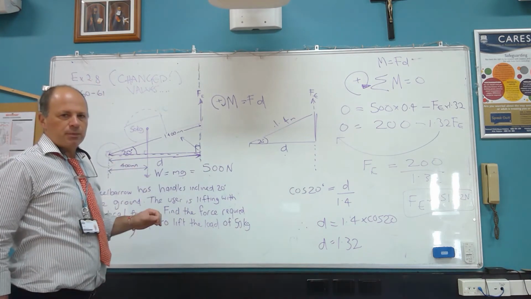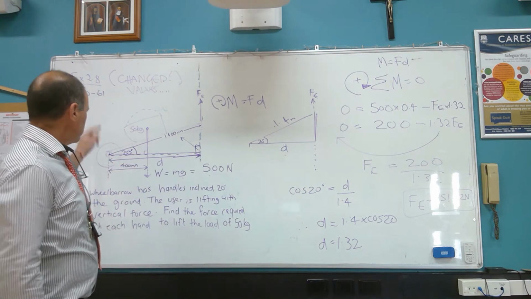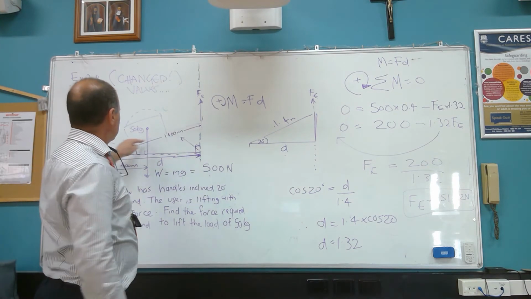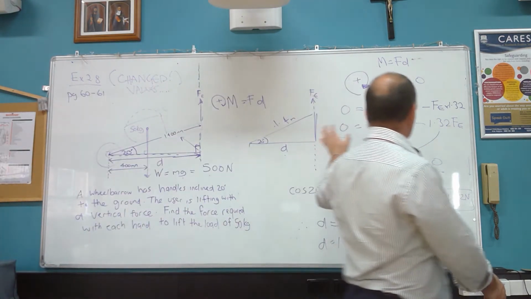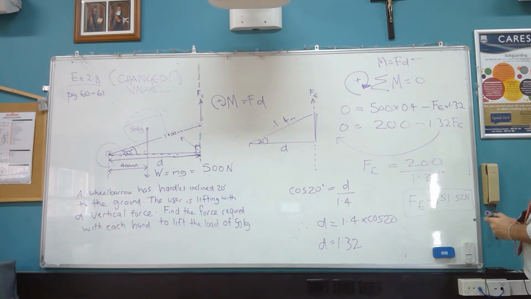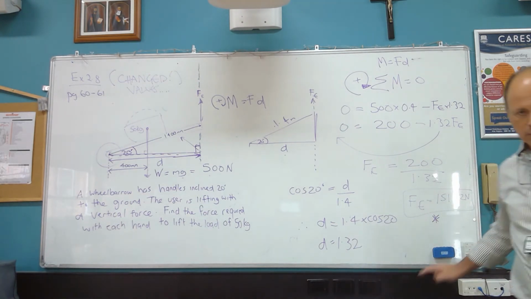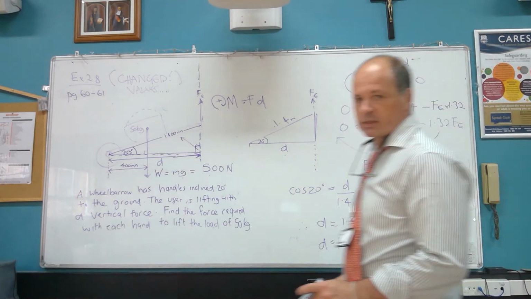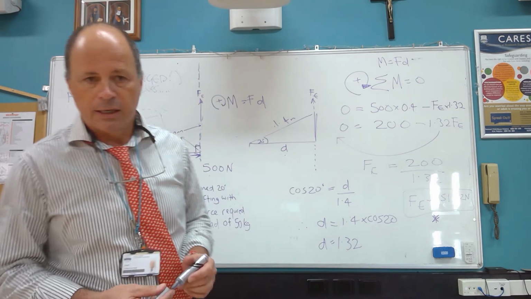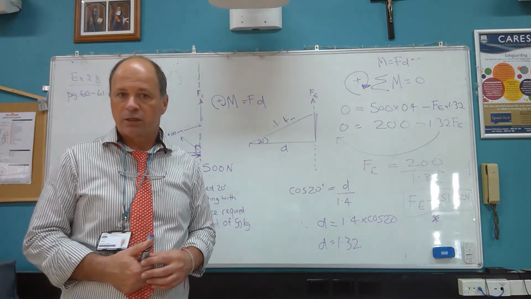Okay. Now, what happens if we decided that we wanted to use this length here? If we do the same working out, we should end up with the same result, 151.52 newtons. So if you don't end up with the same result, you'll know that you've actually got it wrong.